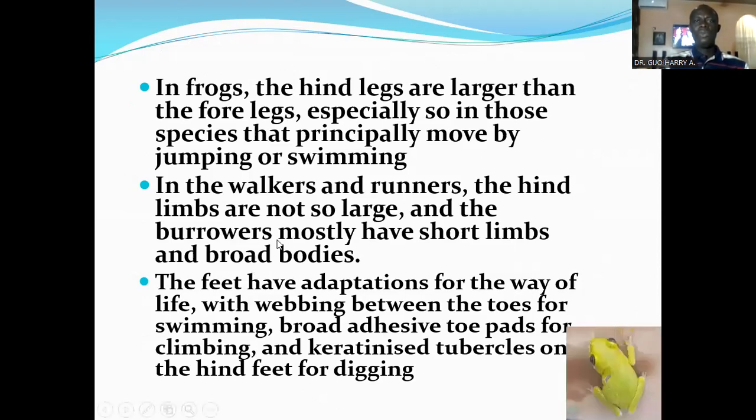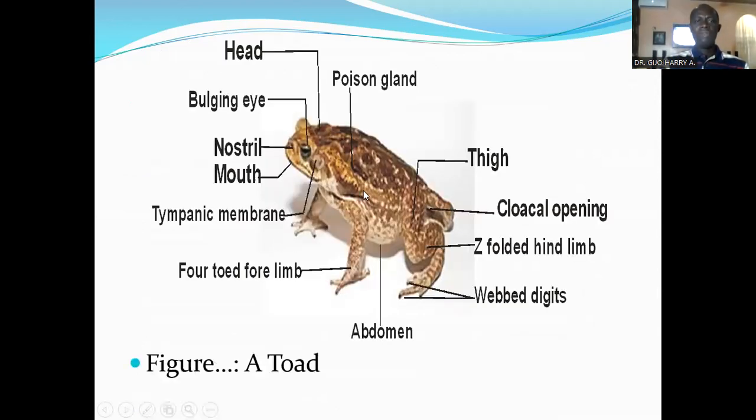Now here is a picture of a toad showing the gross external anatomy. Here we have the bulging eyes, the nostrils, and the mouth.